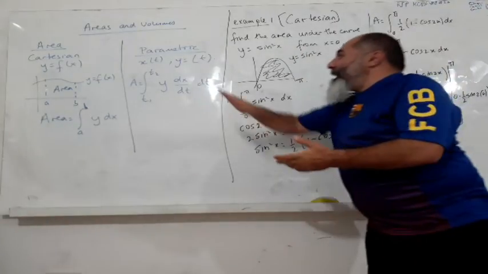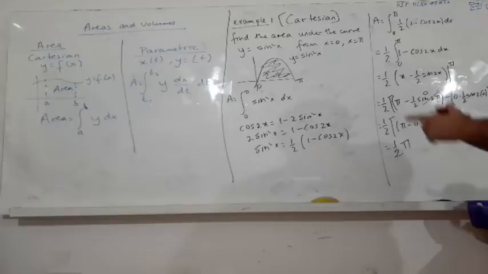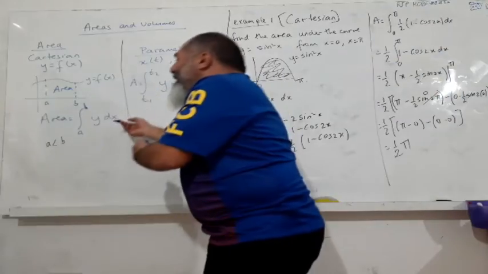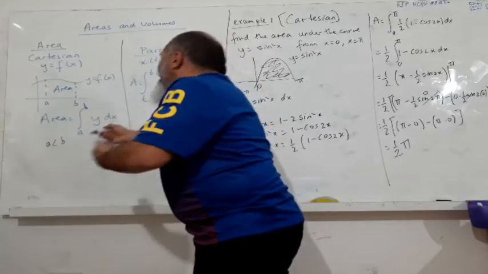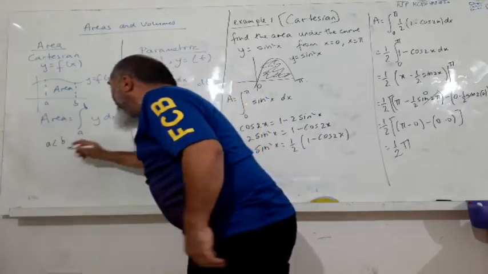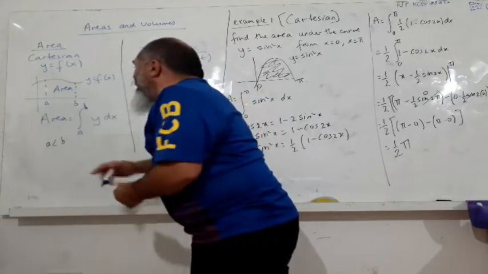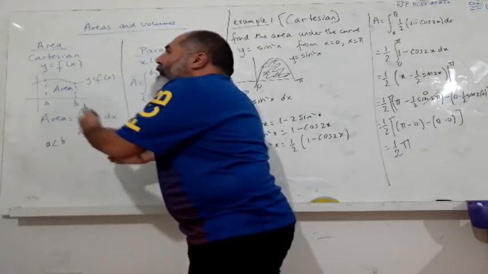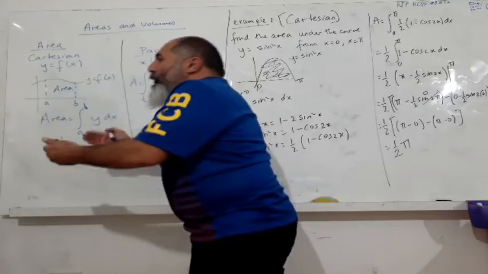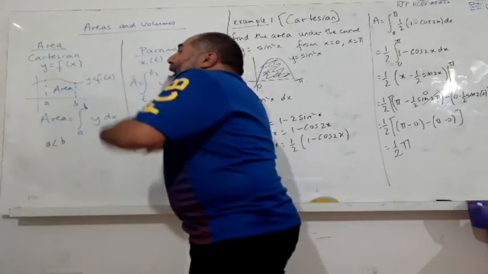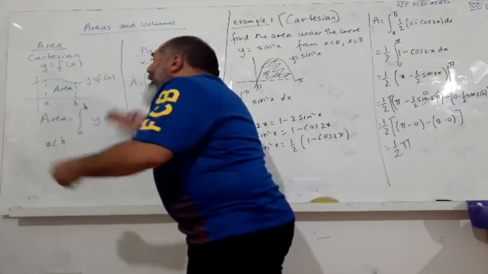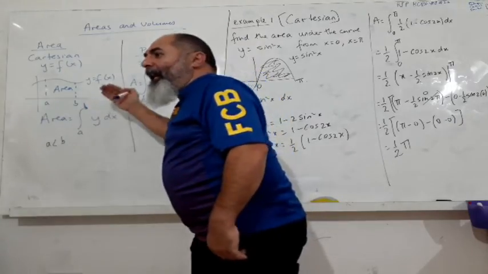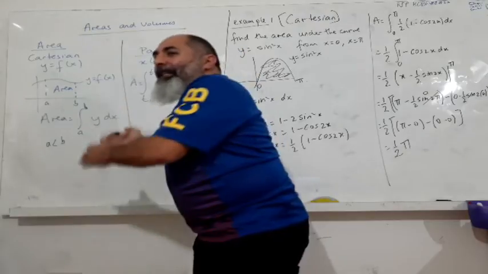A is always less than B. What happens if A is greater than B? You have to put a negative sign there, or the answer is going to be negative and you have to give the magnitude. Why? Because we cannot have a negative area. Area always has to be a positive number.